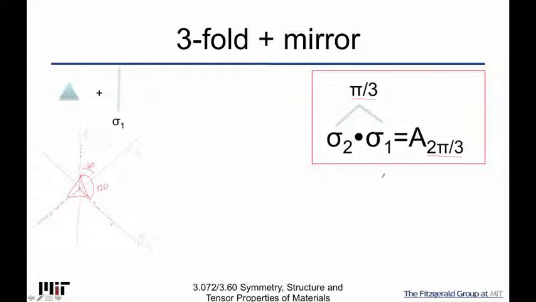So, here, if I'm looking for, let's pick blue now, and I use sigma 1 for my theorem instead of the gray, which is induced just from the symmetry of the threefold axis. You can see already what's going to happen, because sigma 1 says, oh, pi over 3 away, which is 60 degrees, I have another plane, sigma 2.